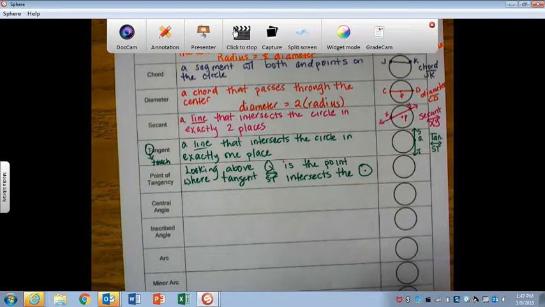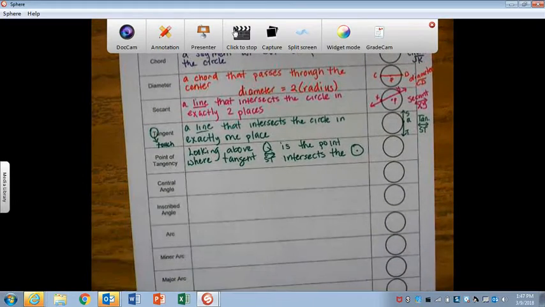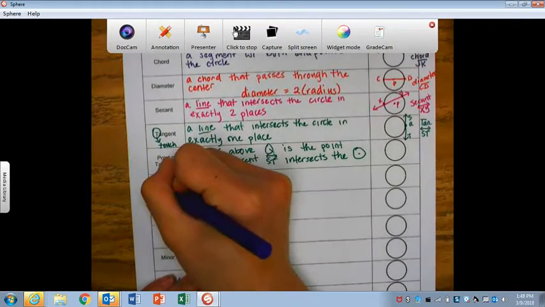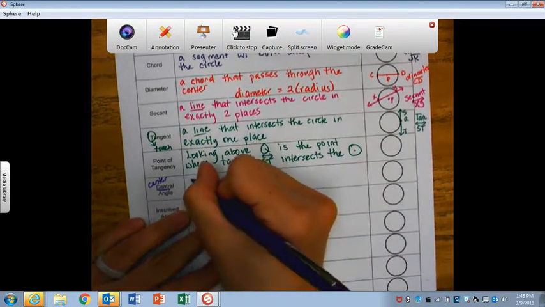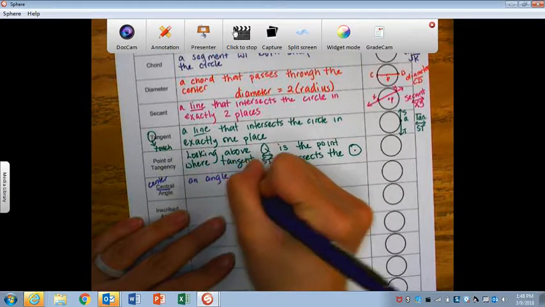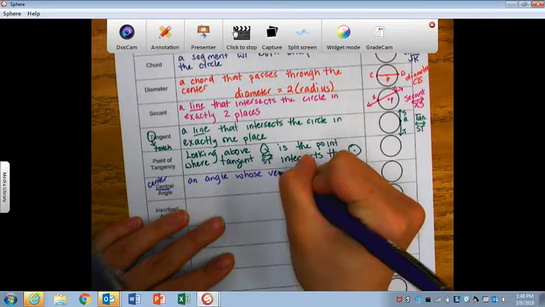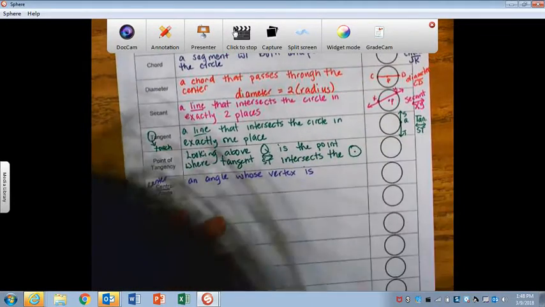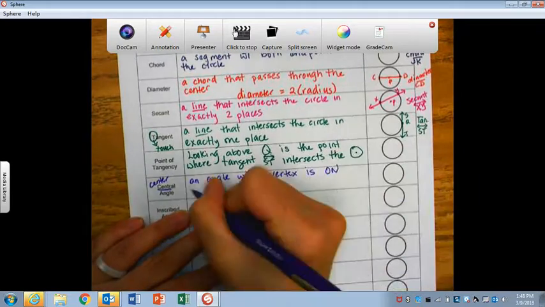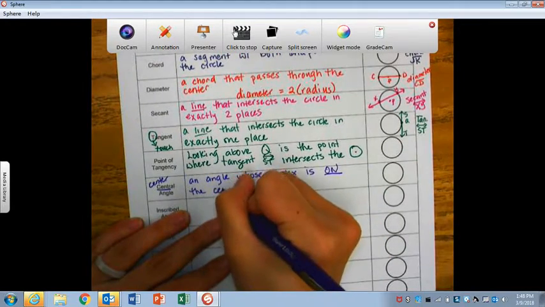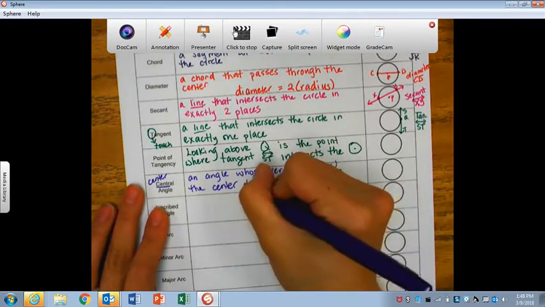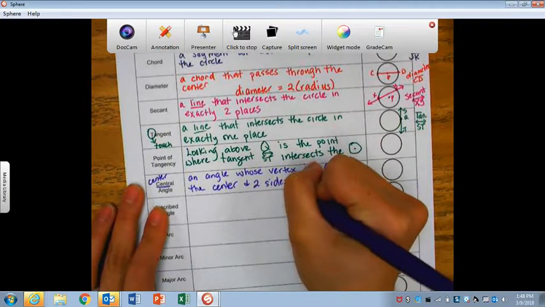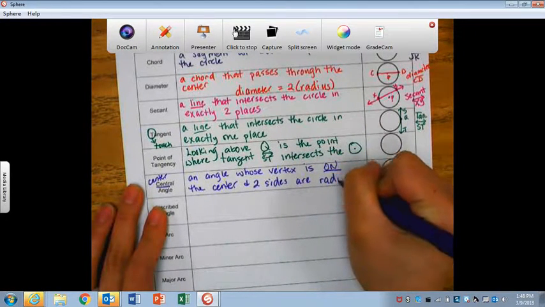Now, central angle. Let's start all over again. Central angle, this sounds like center, right? An angle whose vertex is on the center, and two sides are radii, which is plural for radius.